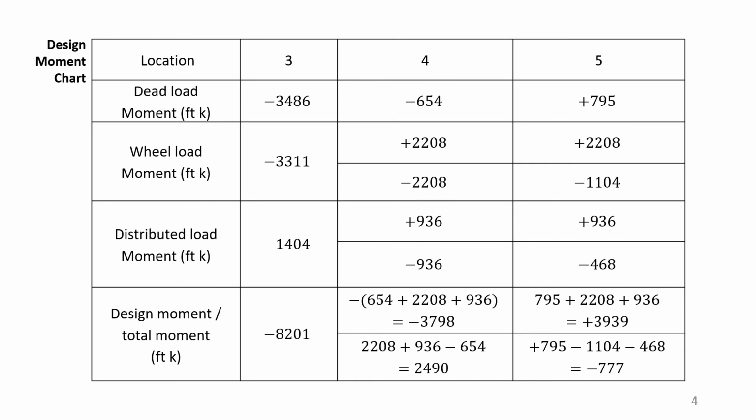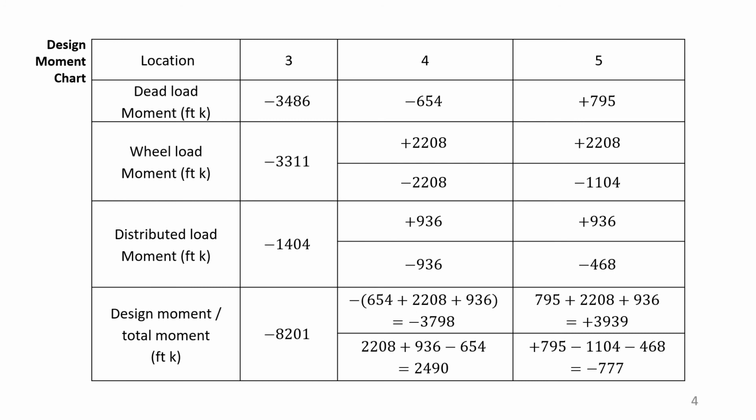And the design moment will be coming from this. At point 3 all moments are negative moments, that's why those will be added all together, and that gives us a value of 8201. This is 3486, 3311 and 1404.